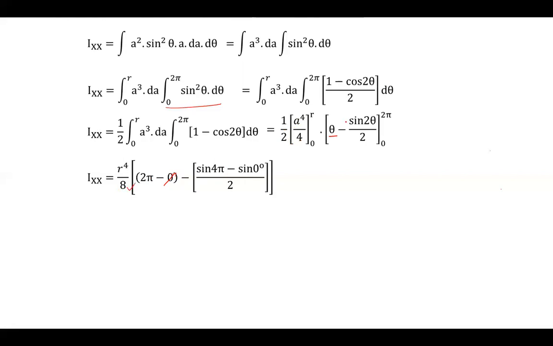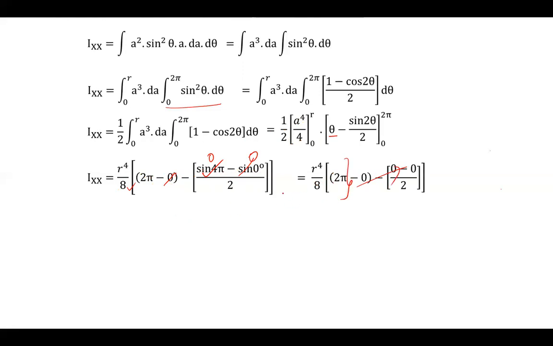And the other limits, as you know, you are getting here: 2 pi minus sin 4 pi minus sin 0, divided by 2. Further simplification: sin 4 pi is 0 and sin 0 is 0, so this entire term will go off, and the only remaining term will be this value.